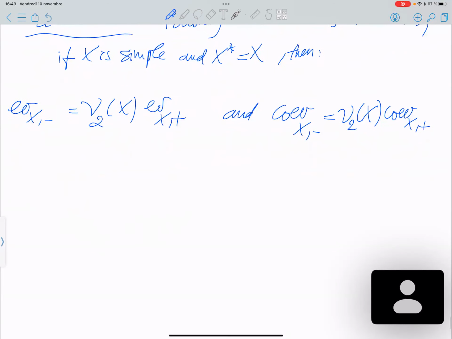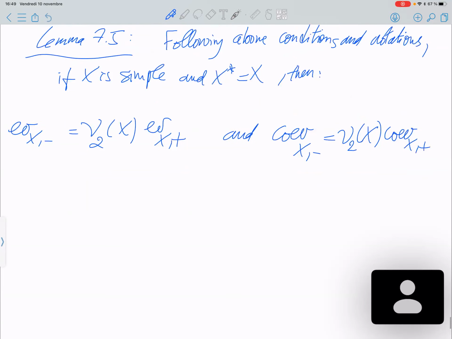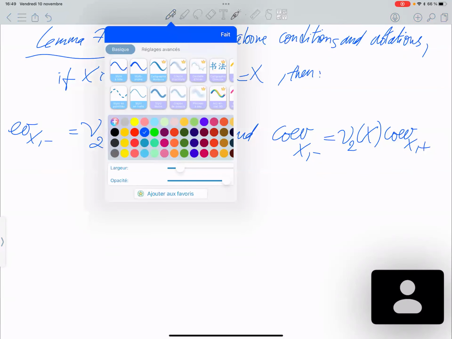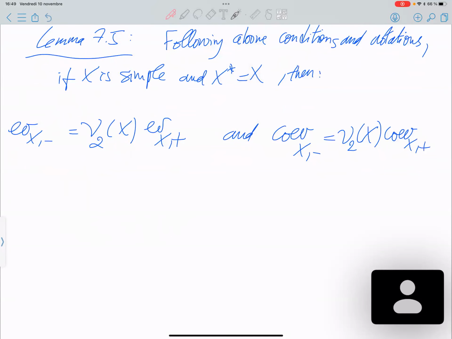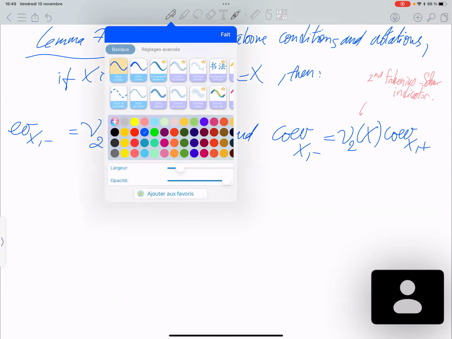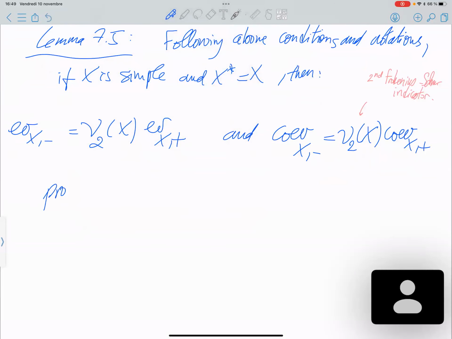Okay. And so the proof. Let me write second Frobenius-Schur indicator. So the proof is the following.